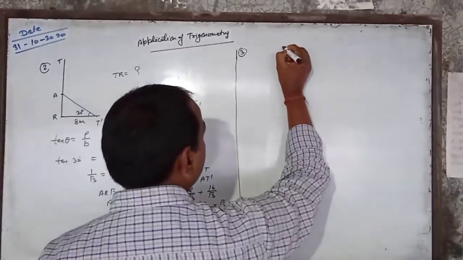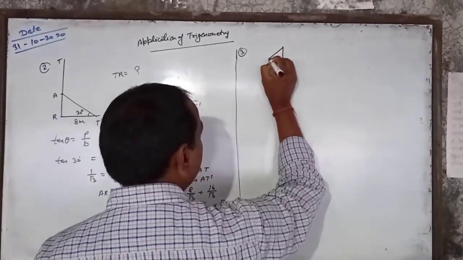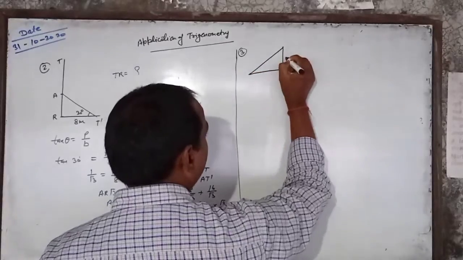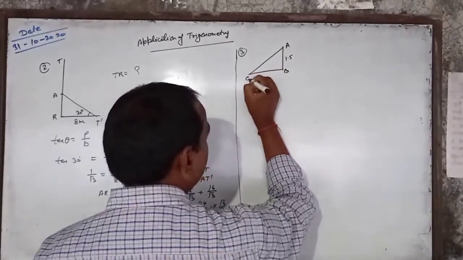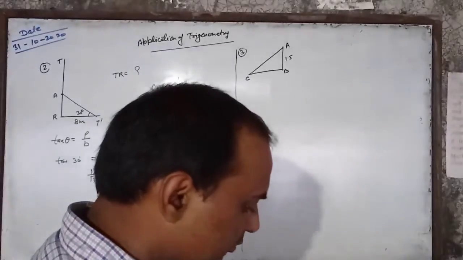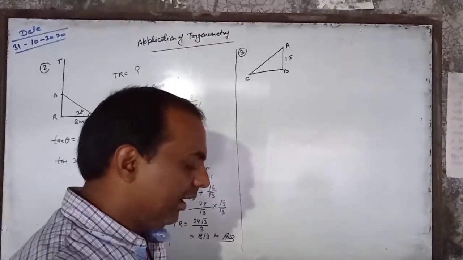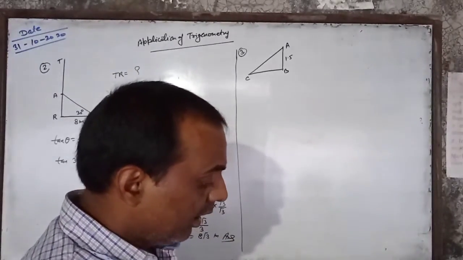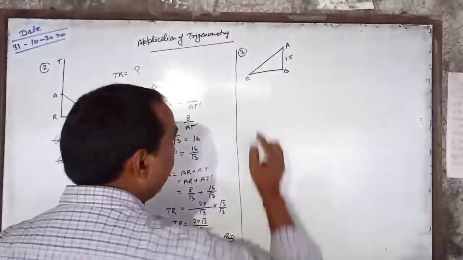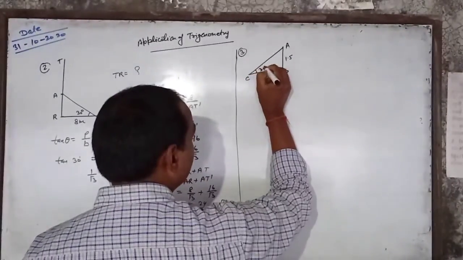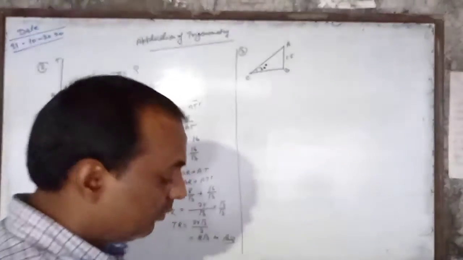It means a slide is at the height of 1.5 meter. Let it be A, B and C. Here again, the slide is inclined at an angle of 30 degree to the ground.